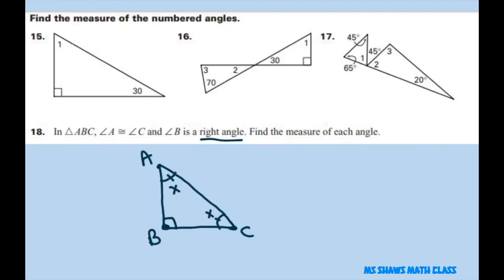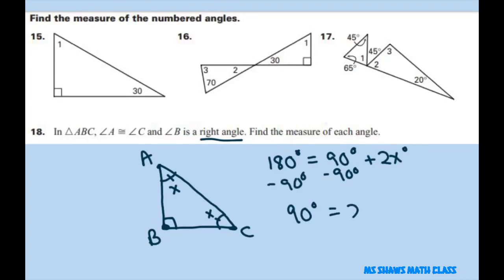You can do it mentally, or we could just say 180 degrees equals 90 degrees plus 2x degrees. Subtract 90 from both sides. So you get 90 degrees equals 2x. Divide both sides by 2.